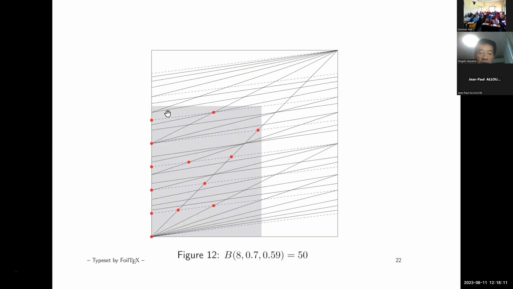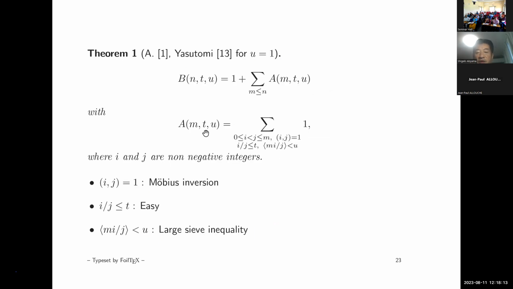This number of red points can be computed in an elementary way. One can compute in this way, and then add up until n, with m moving until n. Then this number is the number of balanced words.